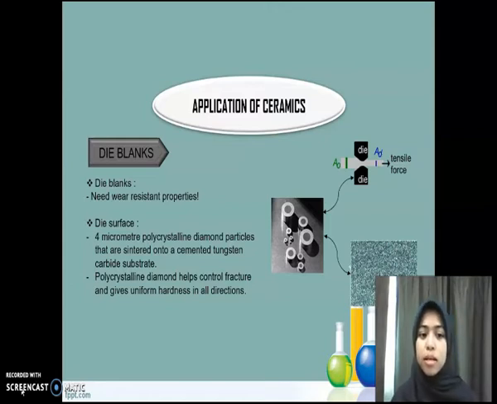So die blank needs wear resistant properties to last long and not rust. Then the die surface, how it is made: 4 micrometer polycrystalline diamond particles that are sintered onto a cemented tungsten carbide substance. So polycrystalline diamond helps to control the fracture and gives uniform hardness in all directions. So it is very strong to hold the material for cutting.